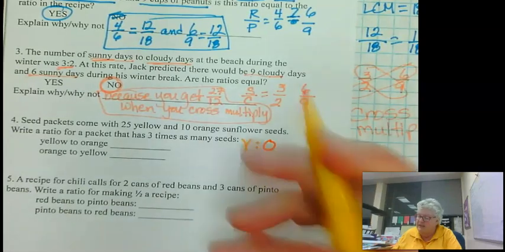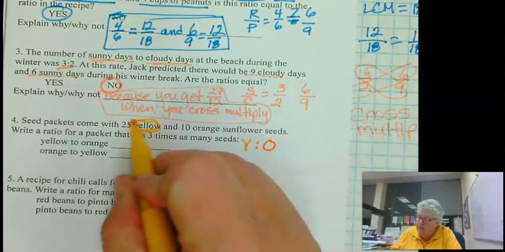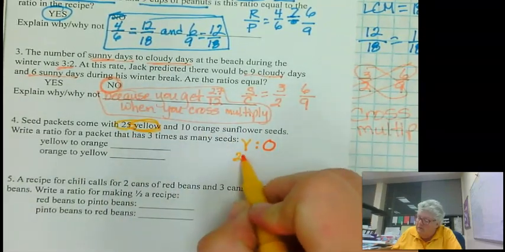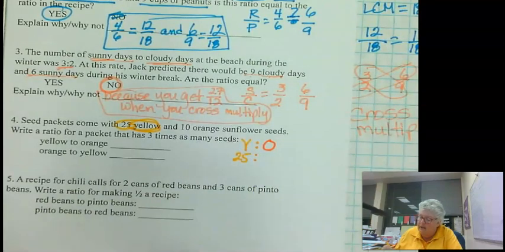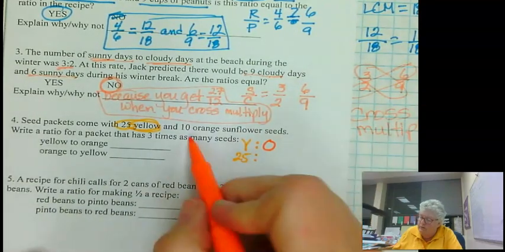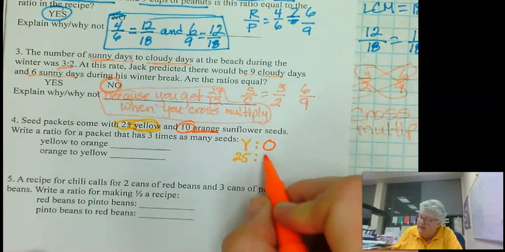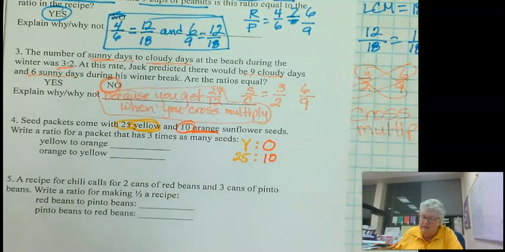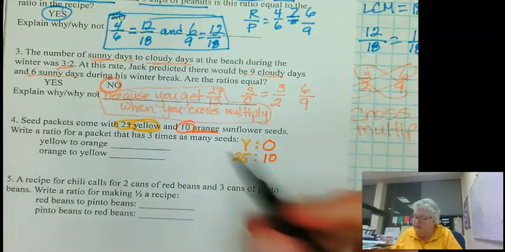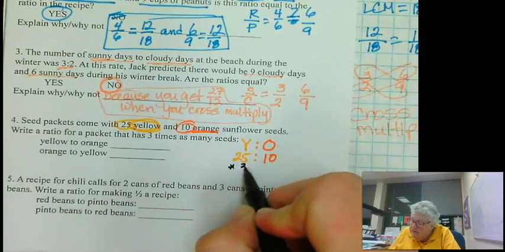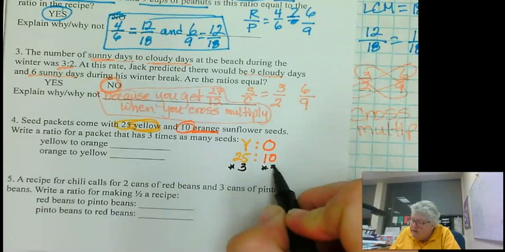And it says that yellow is 25 and that orange is 10. Now it says 3 times as many. So that would be times 3, times 3.